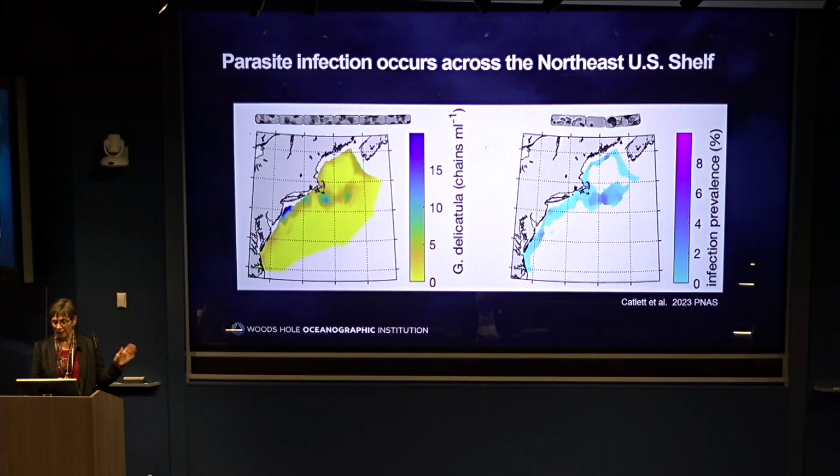On the left, you see that this diatom I told you was really important in the near shore blooms across the whole region. In fact, when we pool across years and space, it emerges as the dominant diatom in the whole system. So it's not important just near shore, but across the whole region. And likewise, parasite infection, which you see on the right, is detected throughout the region.